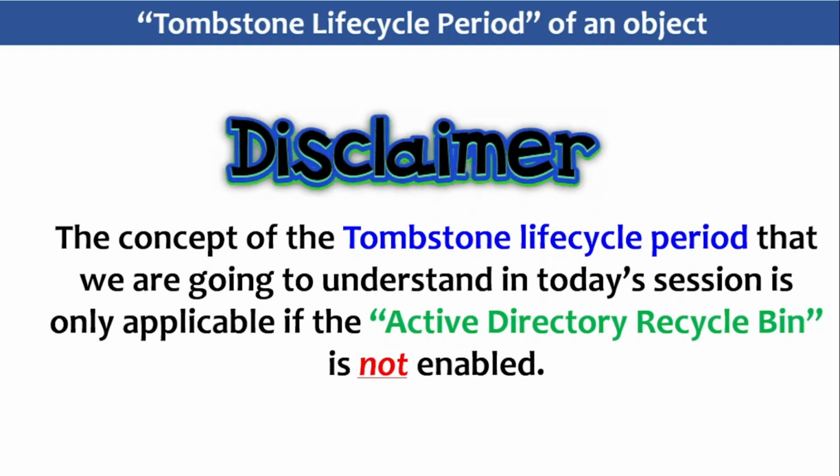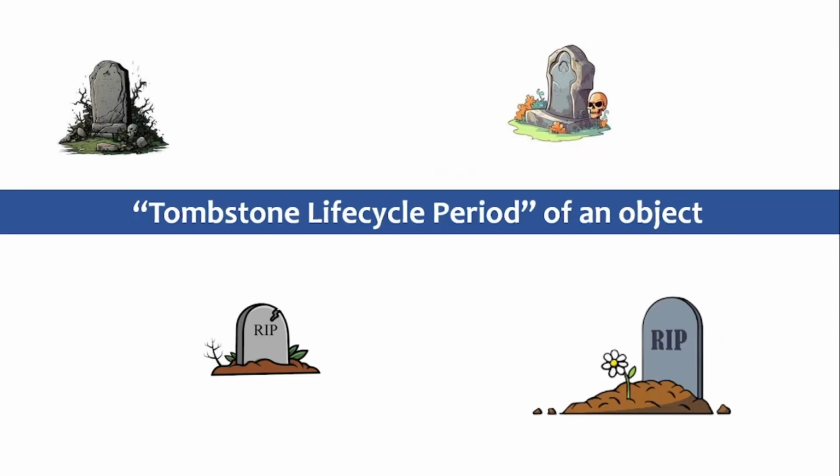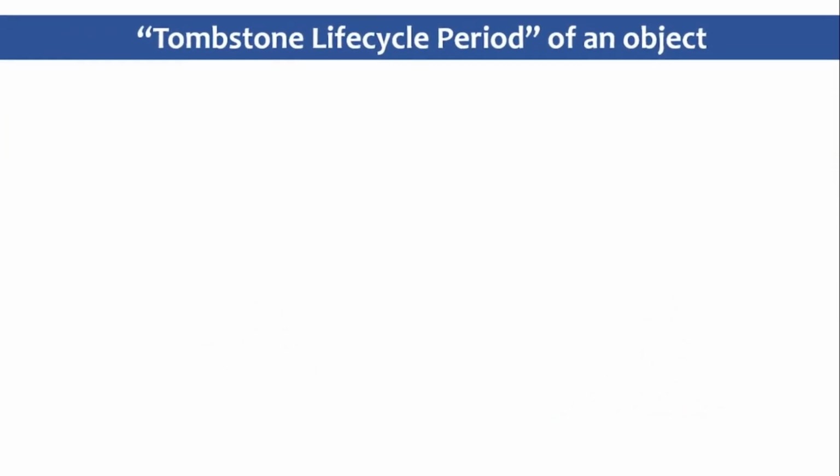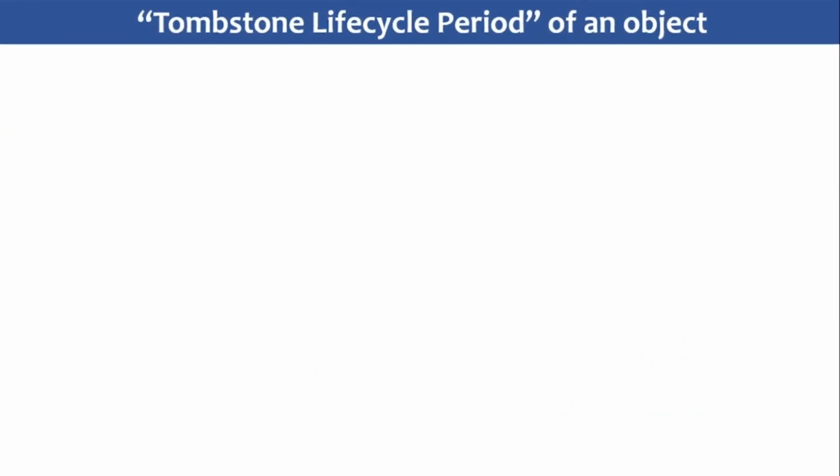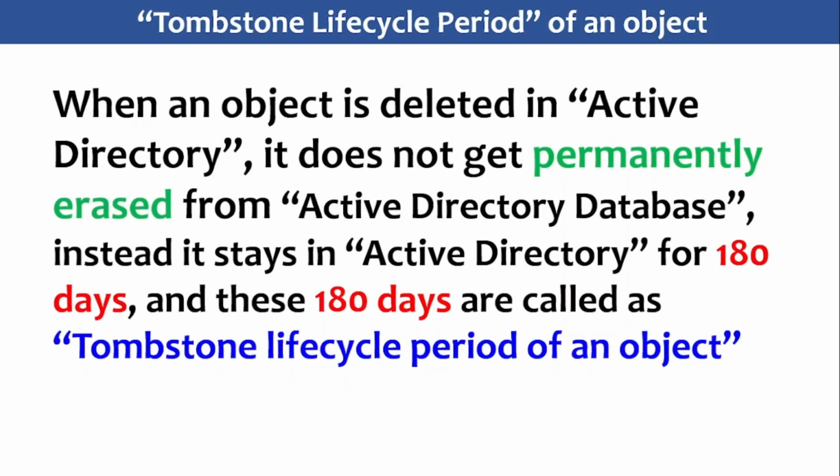So let's get ahead. Tombstone Lifecycle Period of an object. What is Tombstone Lifecycle Period? When an object is deleted in Active Directory, it doesn't get permanently erased from the Active Directory database.